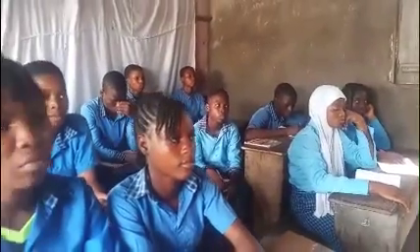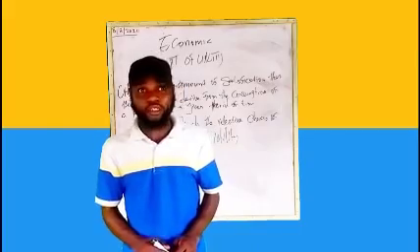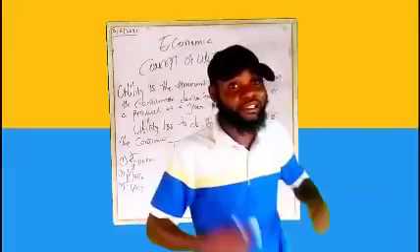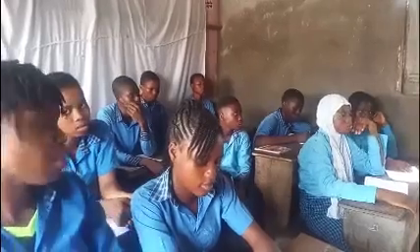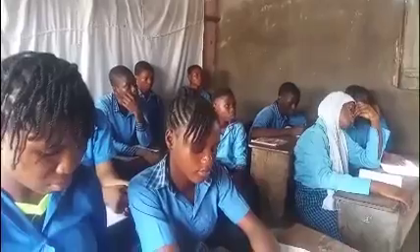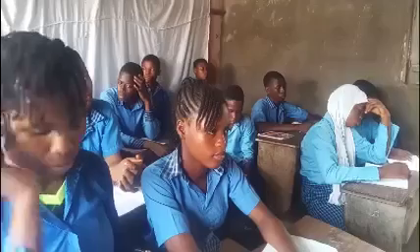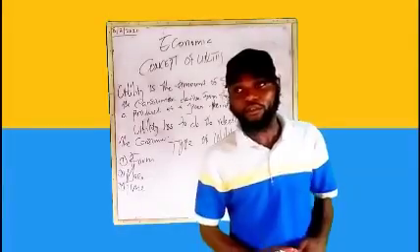Now, when we talk about time utility, who can define time utility for me? Remember, utility is talking about the total satisfaction that a consumer derives from consumption of a commodity. Having known form and place, I believe on your own initiative you will be able to know what time is. So, who can help us? Time utility.